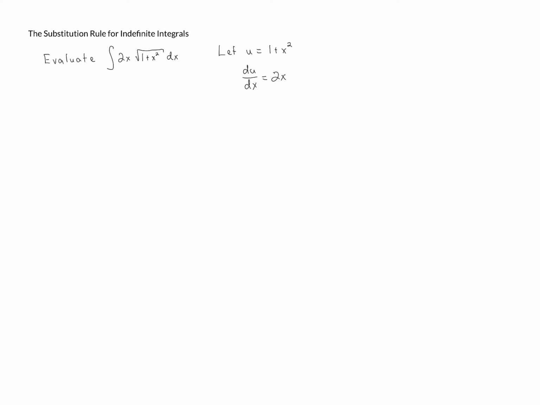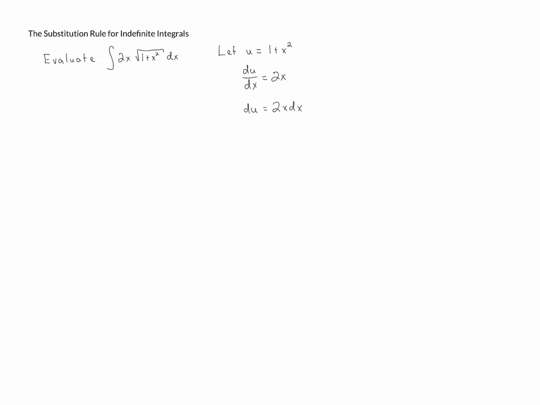And what we're going to do is we're going to write this a little bit differently. We're going to take that dx that's in the denominator, and we're going to move it over to the right-hand side. I know that's not really a fraction, but we're going to treat it like it is for a moment. And we've got du equals 2x dx.